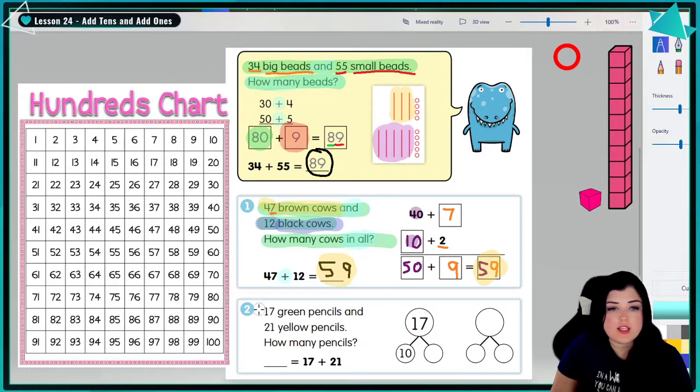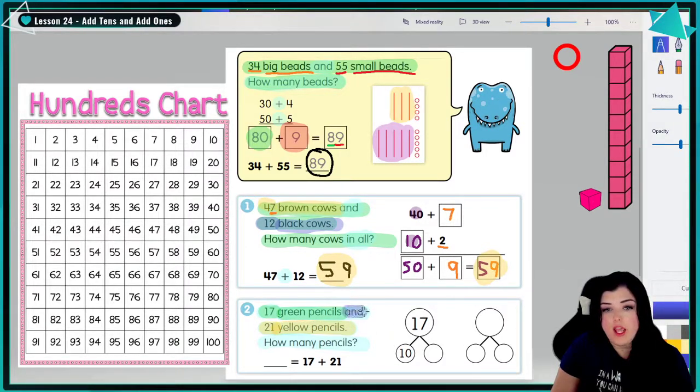The next question says 17 green pencils and 21 yellow pencils. How many pencils? I know that 17 is my number. Green pencils is the object. Then I have 21, which is my number, and yellow pencils, which is the object.